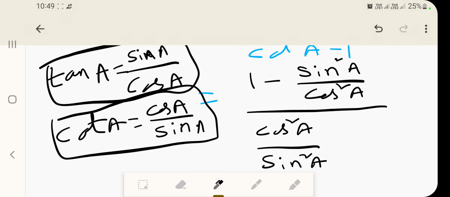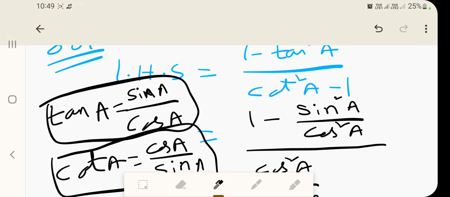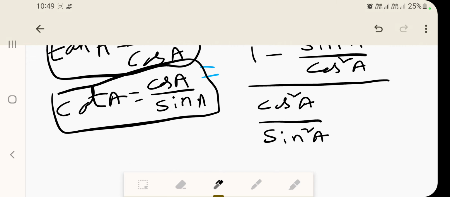I have given some time. Tan A is nothing but 1 by cot A. So this cot square A is replaced with cos square A by sin square A, minus 1.